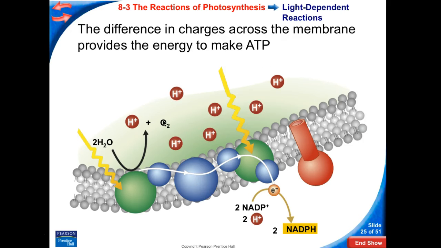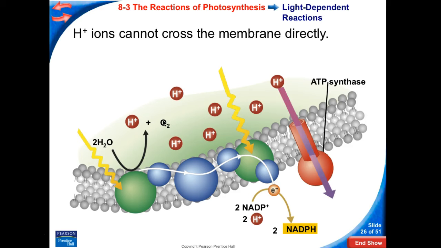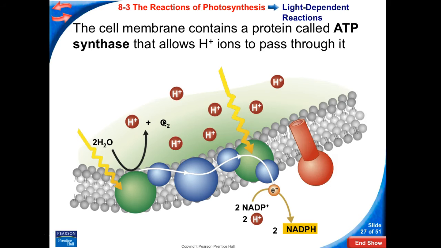The difference in charges across the membrane provides energy to make ATP. Ions can't cross the membrane directly, so they travel through a cell membrane protein called ATP synthase.